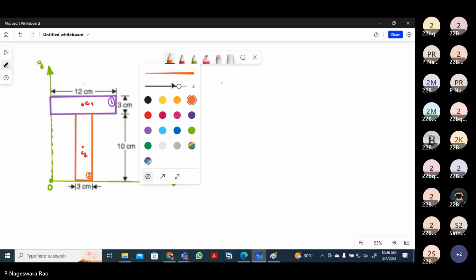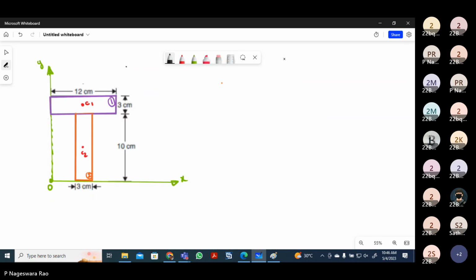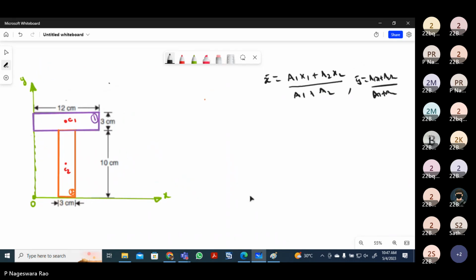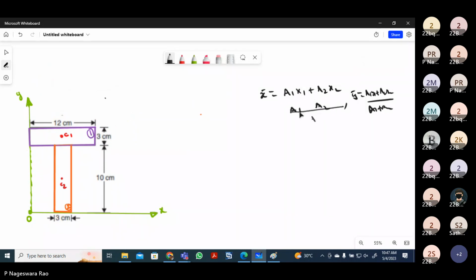You know the formula for the centroid. X bar is equal to, I am writing it separately here, only two areas are there, A1 x1 plus A2 x2 by A1 plus A2. Similarly, y bar is A1 y1 plus A2 y2 by A1 plus A2. First, take the first area. I will explain very clearly, but first start the problem yourself.